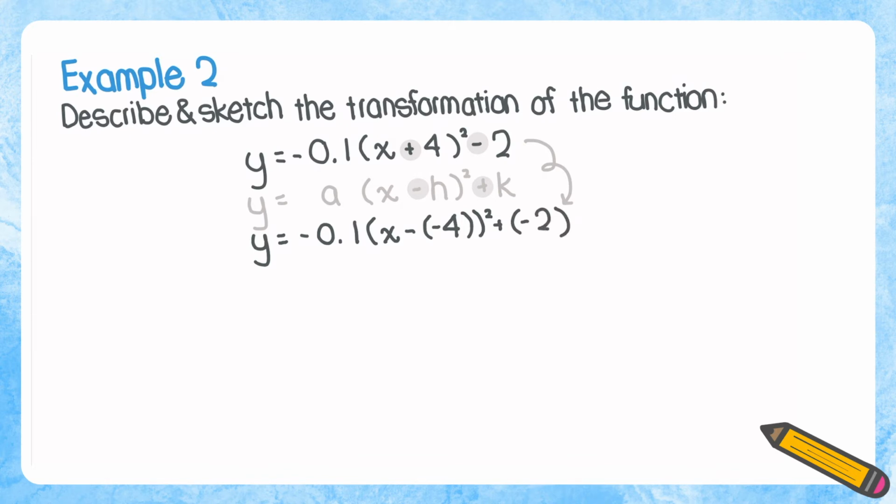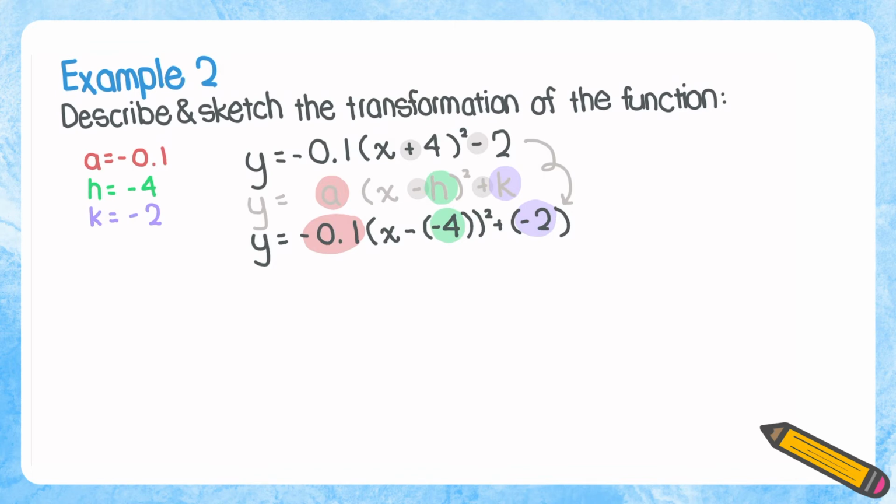Now we can easily identify A, H, and K. A is replaced by negative 0.1, so A equals negative 0.1. H is replaced by negative 4, so H equals negative 4. And K is replaced by negative 2, so K equals negative 2.